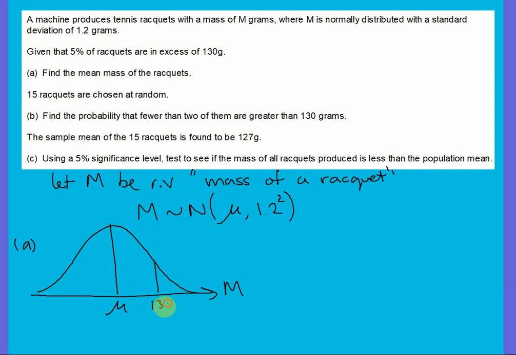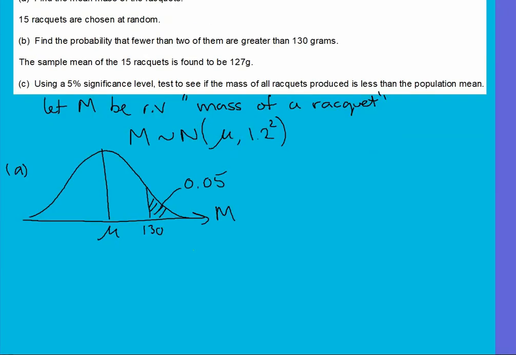So if that's 130, we know that this bit here is 0.05. So as soon as we see an unknown, we've got to think standard normal, and directly underneath, it's always important to do that, we're going to draw our standard normal. So we need to work out how many standard deviations above the mean is 130.